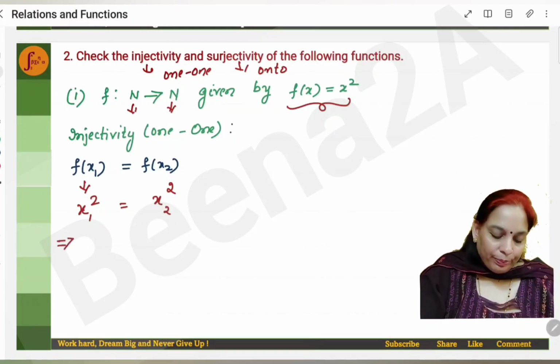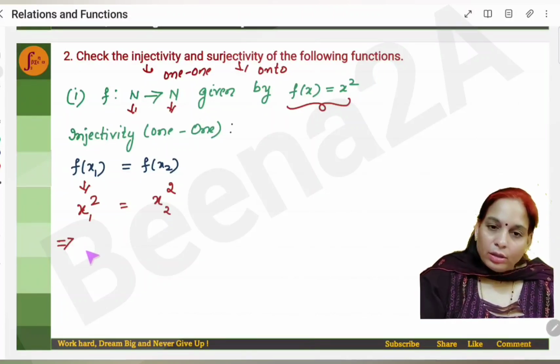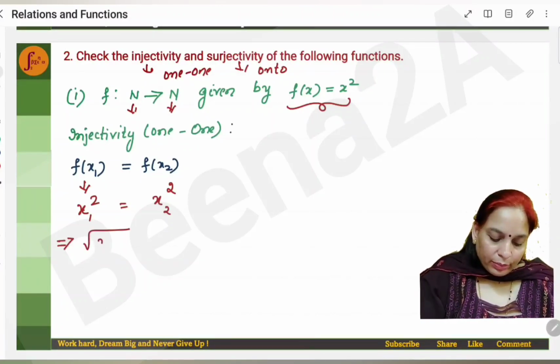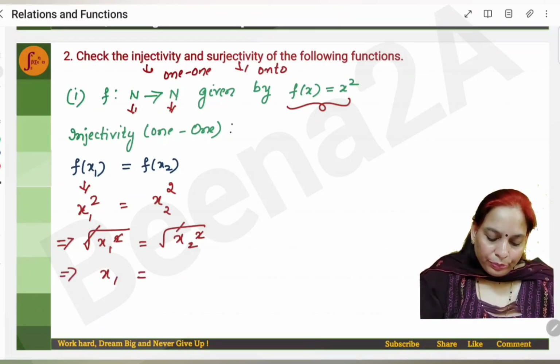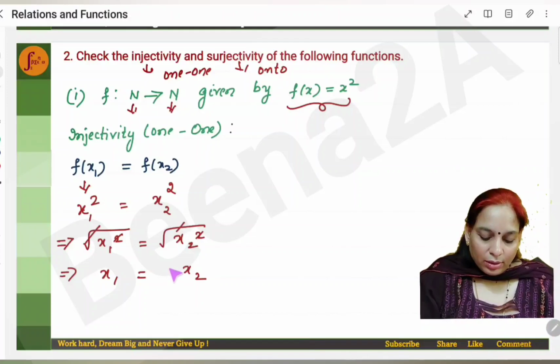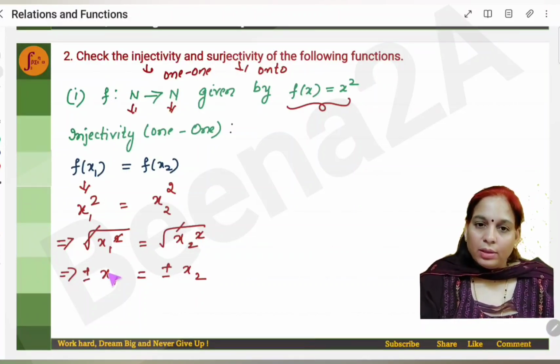What does this imply? If I take square roots on both sides, the square and square root will get cancelled, and I'll be left with x1 is equal to x2, but it could be plus or minus, right?